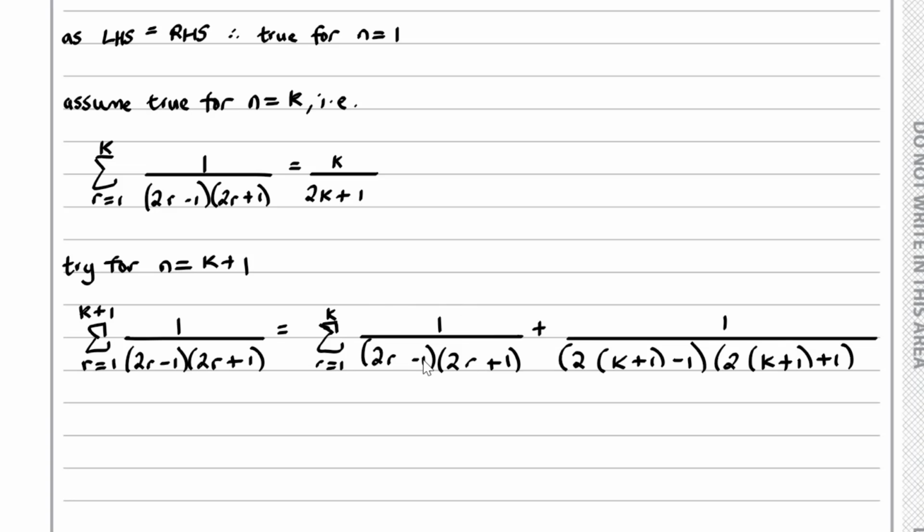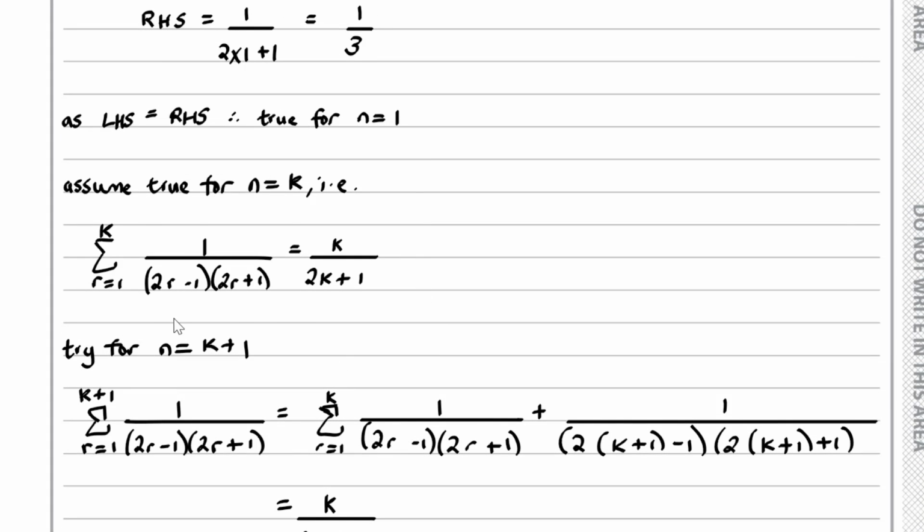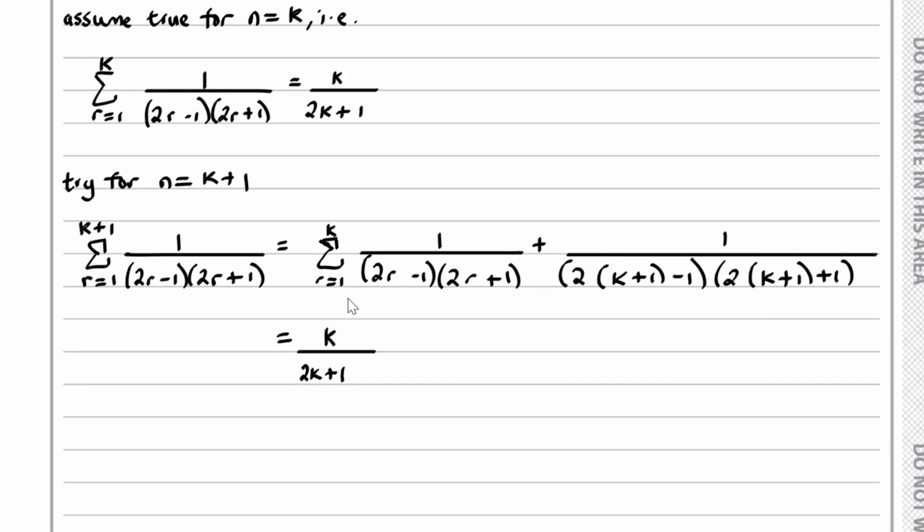Now this bit here we can use our assumption step to simplify. This bit we said was k over 2k plus 1. That's from our assumption step here. And then this bit, well, we have 1 over 2k plus 1 lots of 2k plus 3.